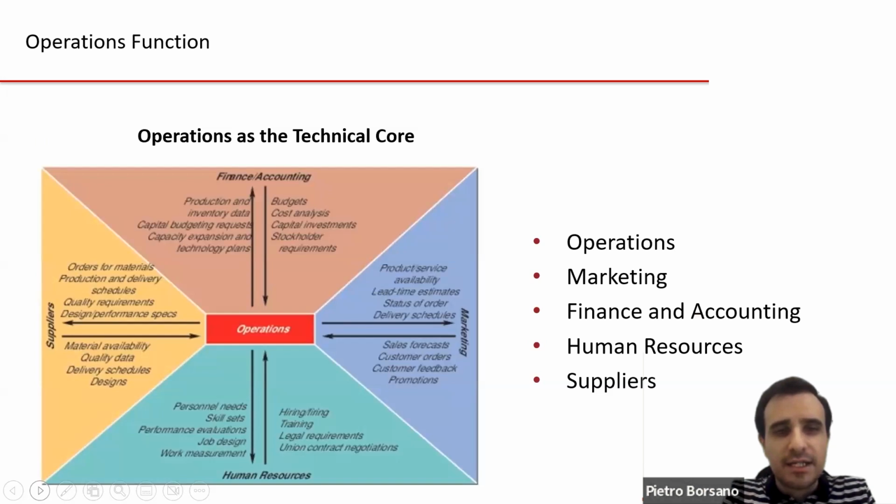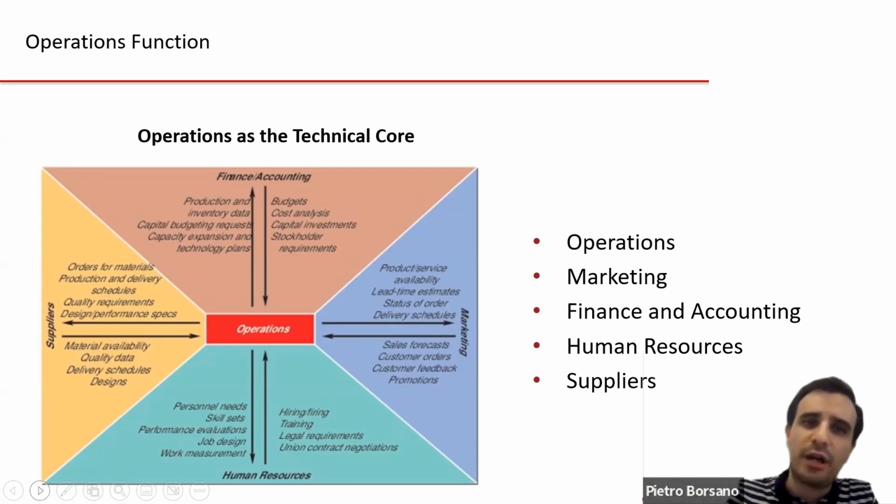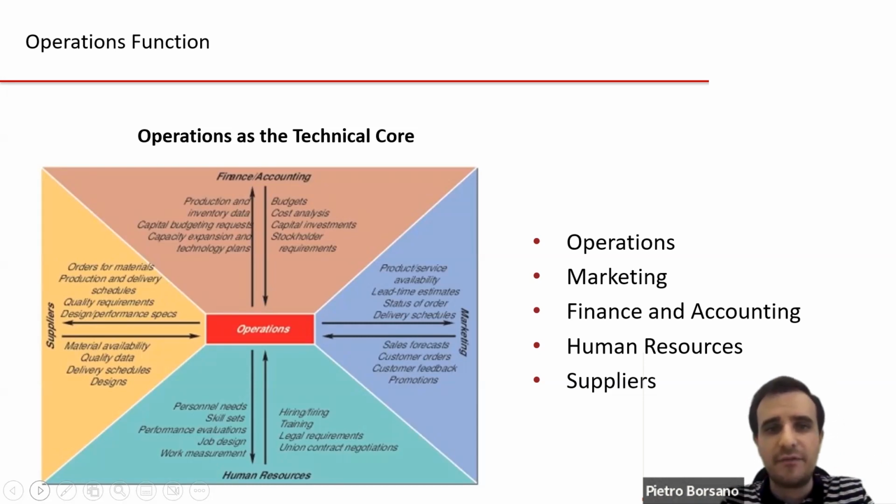Here, we can see the relationship of operation with the other departments of a firm. As you can see, operation will be intertwined with finance and accounting, with the suppliers of a company, with the business development and marketing side, and also with human resource and talent management.